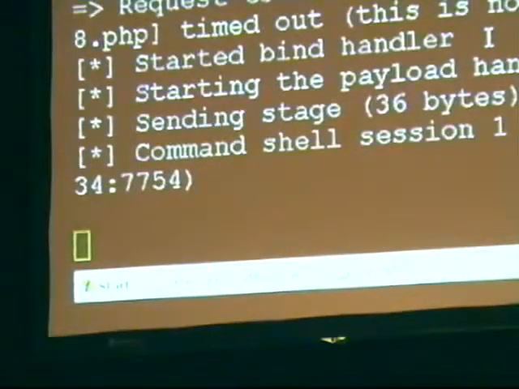Okay, now you can see the payload is successfully being executed.